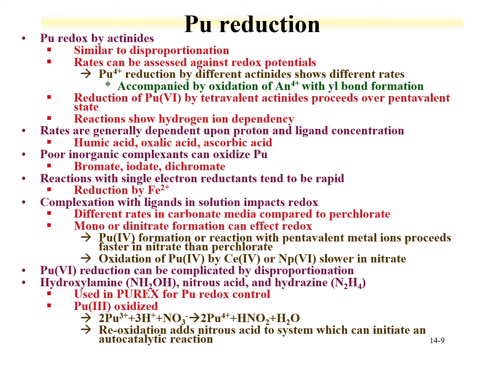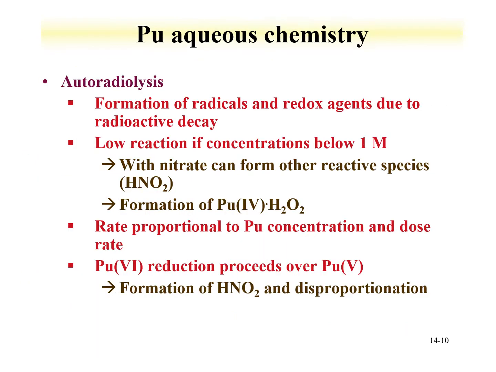The hydroxylamine is used to reduce the plutonium from the 4 to the 3. However, plutonium-3 can be oxidized, producing this nitrous acid. It adds this nitrous acid to the system, which can run an autocatalytic reaction. So if I produce this, I can wind up reducing my plutonium down.